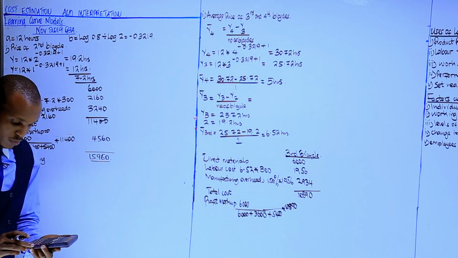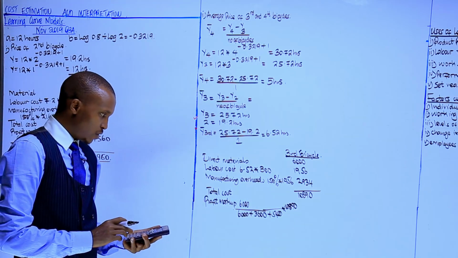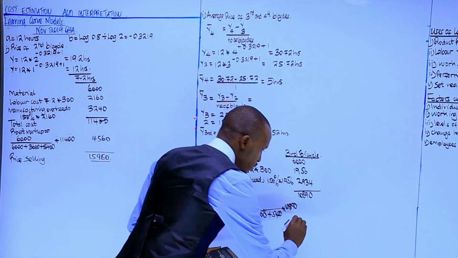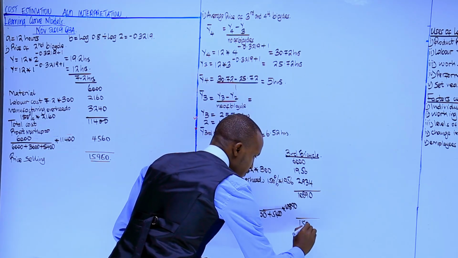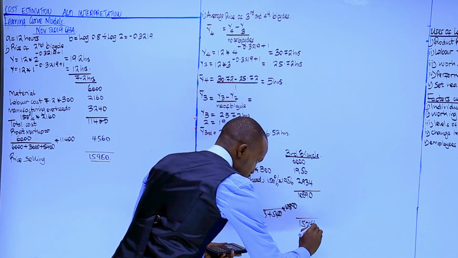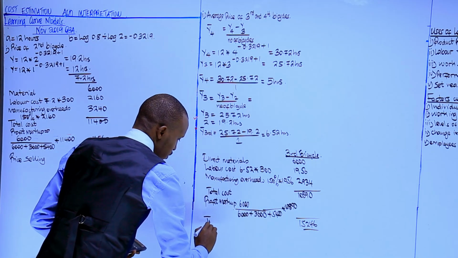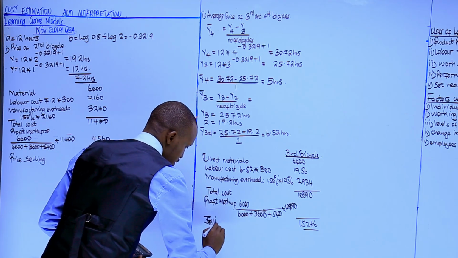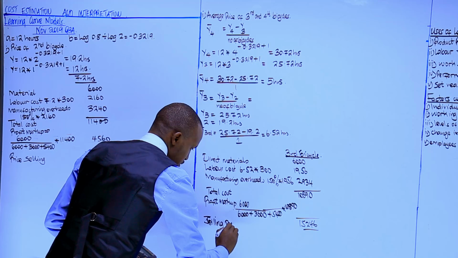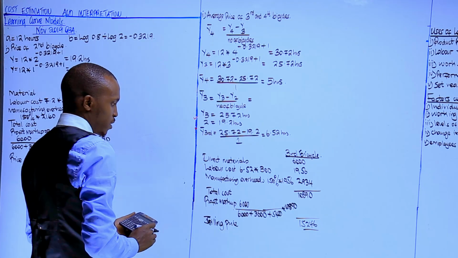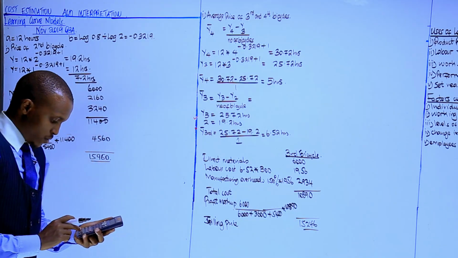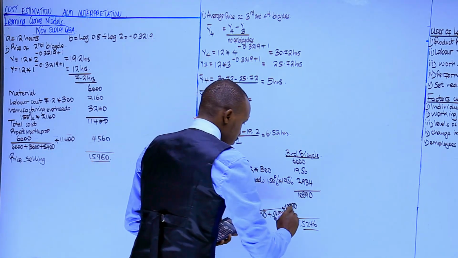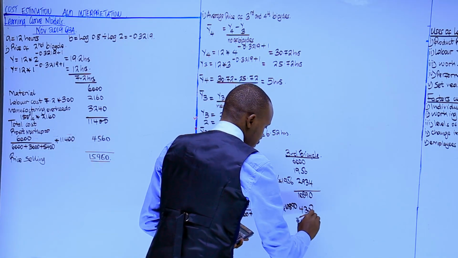Our markup, which is profit divided by cost. So that will be 15,246, which is your total what? Your selling price, with a profit of 43.56.